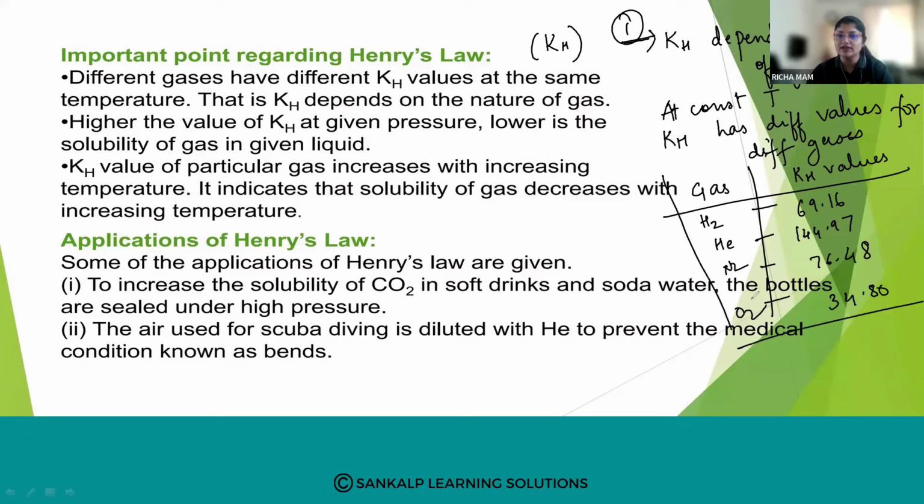So these are the different values at constant temperature. You can see that for H2 the KH value is different, and for He the KH value is different. So KH depends on the nature of the gas.